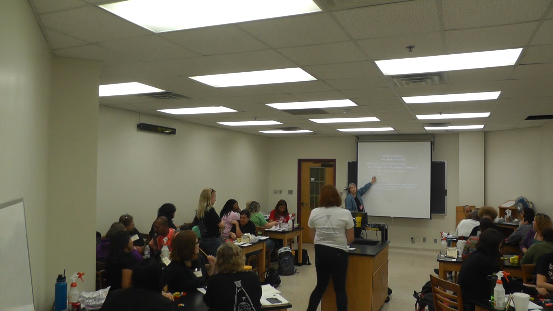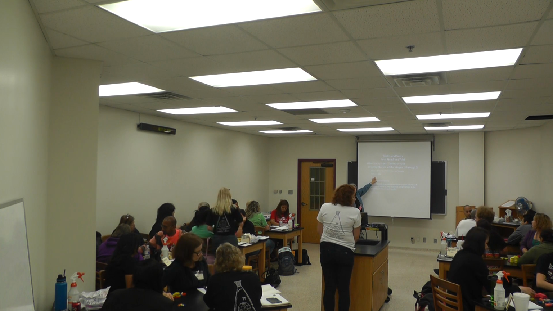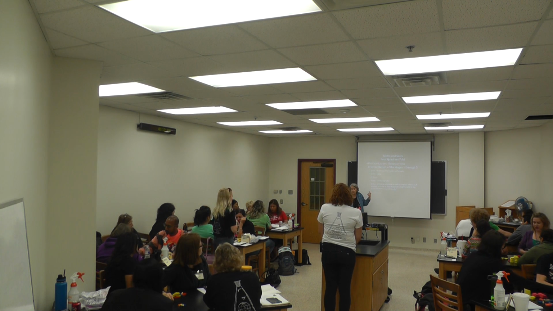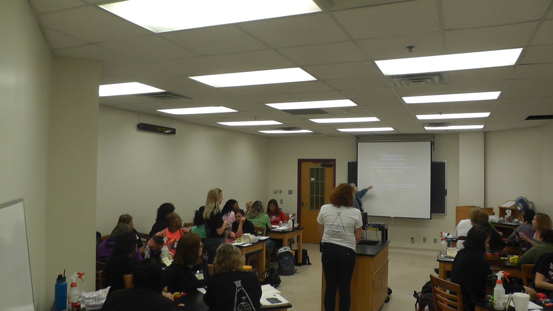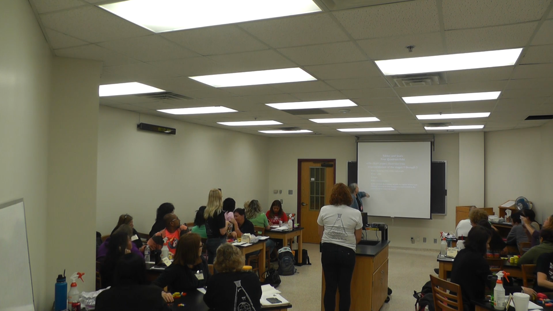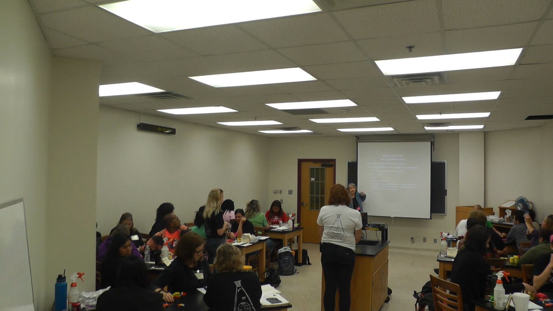From there, you're going to create a table describing the connection between the number of tables and the number of people that can sit at the tables, okay? And then you're going to graph that, right? And then you're going to have a verbal description and a rule, a function, for this relationship between the number of people and the number of tables, okay?